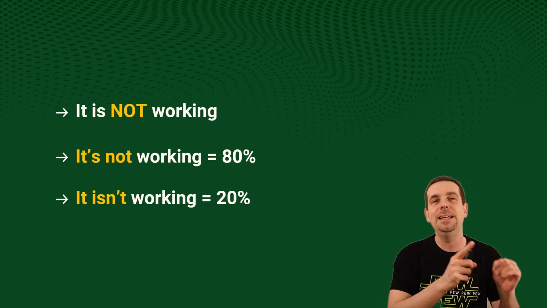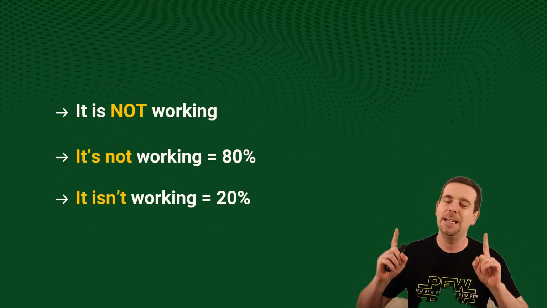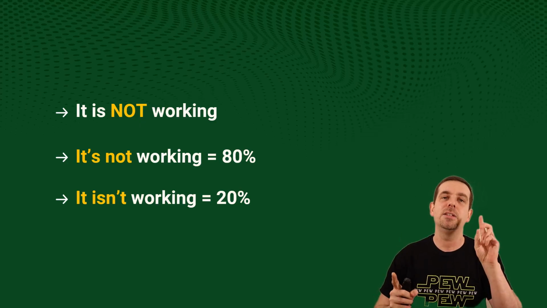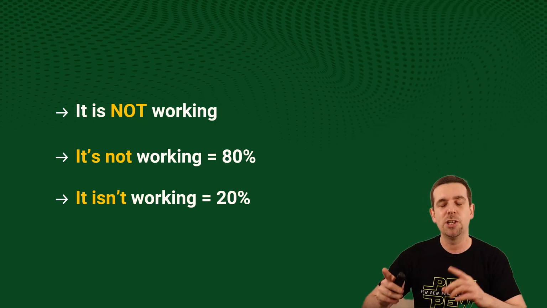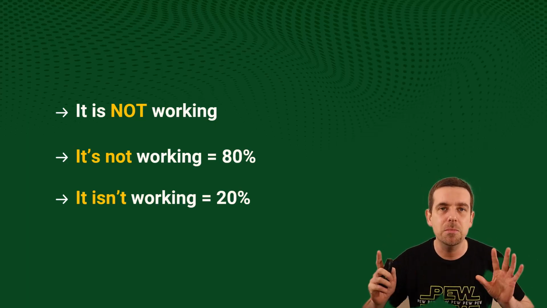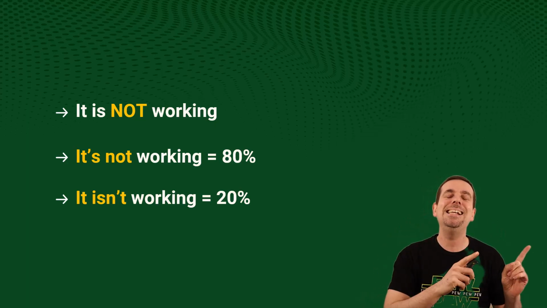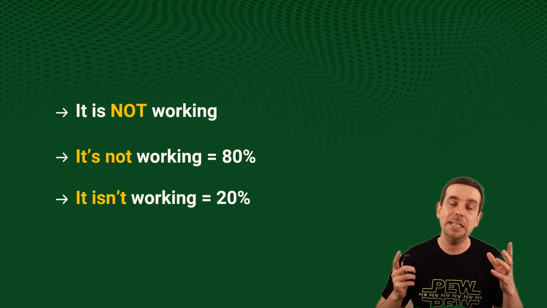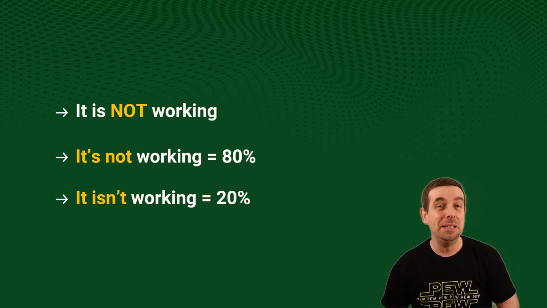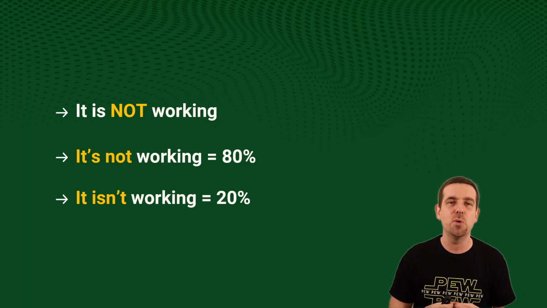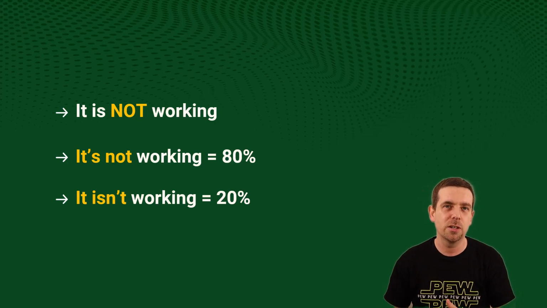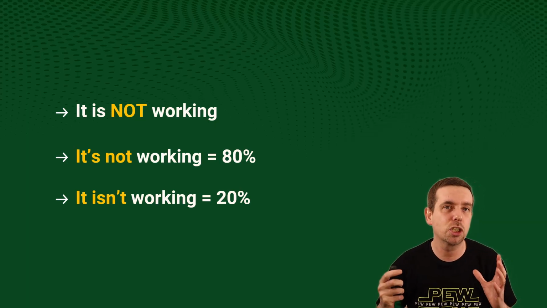Now, when we have "it is not working", it is possible to express the negative in two ways: "it's not working", which is definitely the most common, or "it isn't working". There's basically no difference in meaning. There's a little bit of difference in that "it isn't" is maybe more emphatic or stronger, but it's definitely less common.